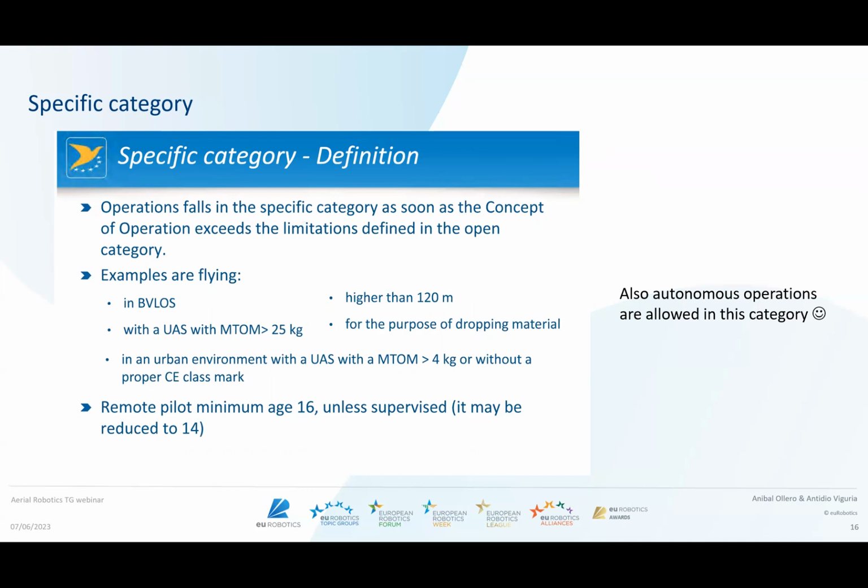We're talking about very far away, long distances, BVLOS, beyond visual line of sight, higher than 120 meters, more than 25 kilos. Autonomous operations also. This is the only category where autonomous operations are allowed. So it's very, very broad. You can fly a one-ton aircraft in this category, or a 5 kilo aircraft in an urban environment in this category. So this is very, very broad.